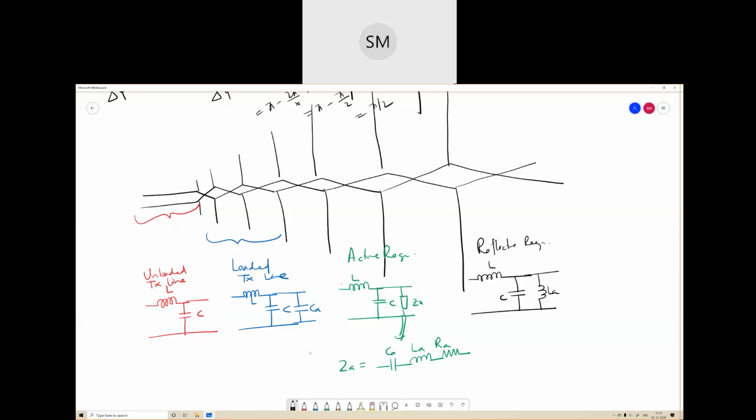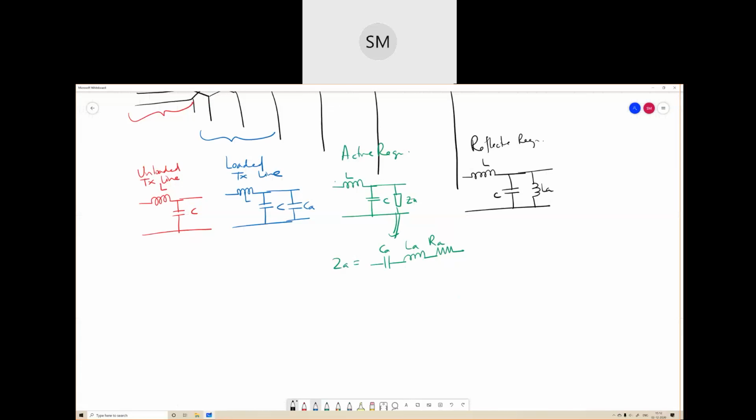Now you remember the transmission line equations, the characteristic equation. It was something like d2v by dz square minus gamma square v equals 0. We derived those things. Gamma was the propagation constant, the square root of (r plus j omega l)(g plus j omega c). We assume lossless lines, for which r equals g equals 0.